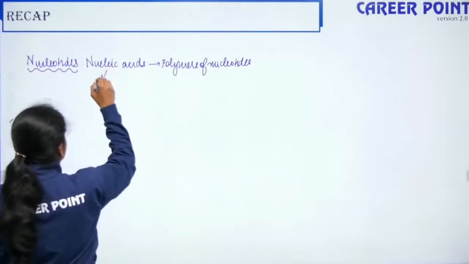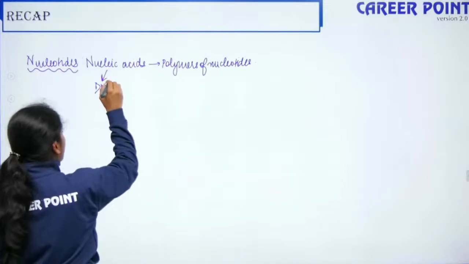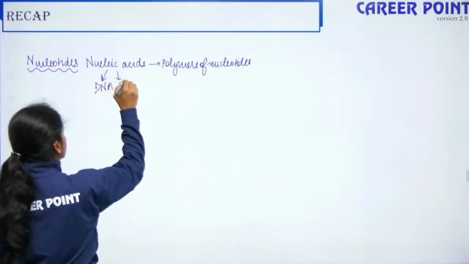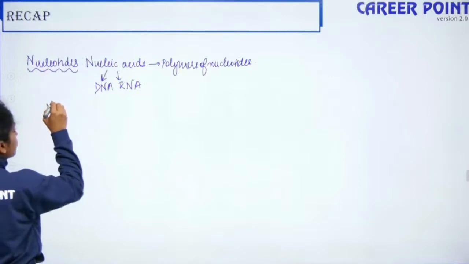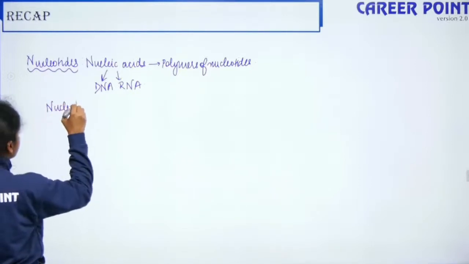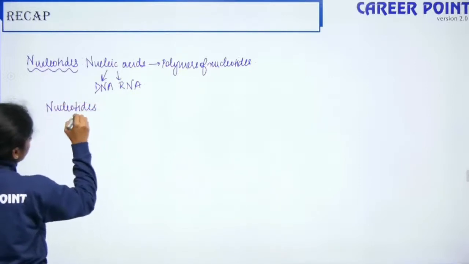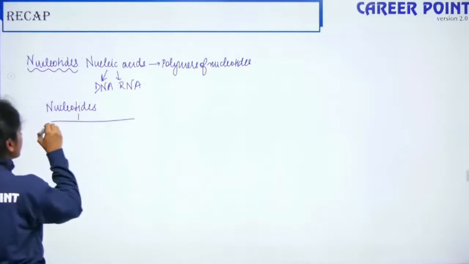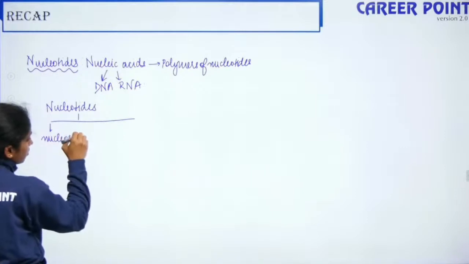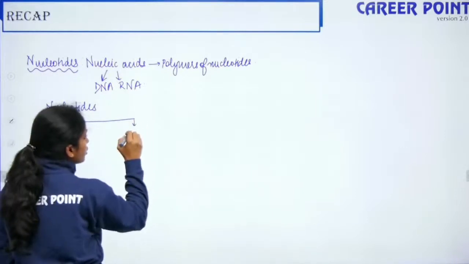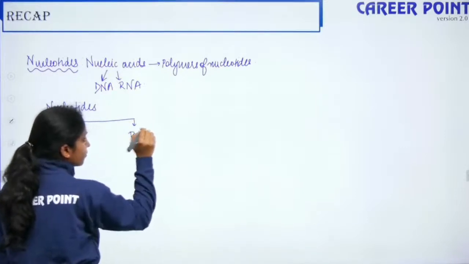Nucleic acids can be your DNA and your RNA. Nucleotides are made up of two components. First is your nucleoside. The second one is your phosphate group.